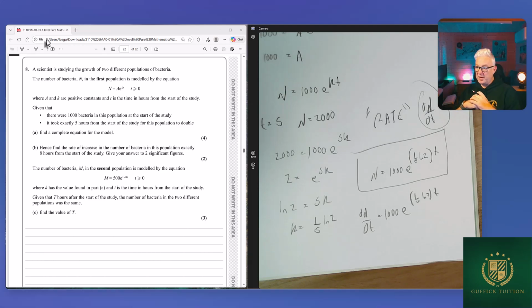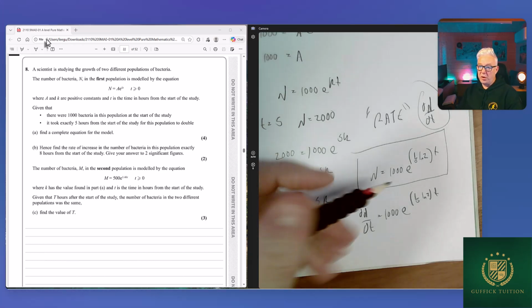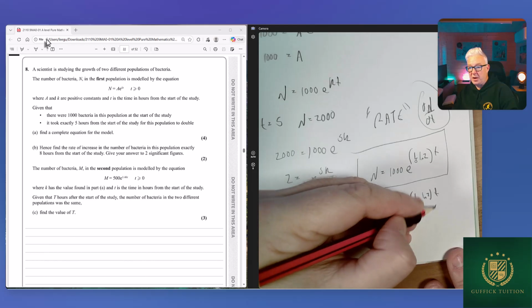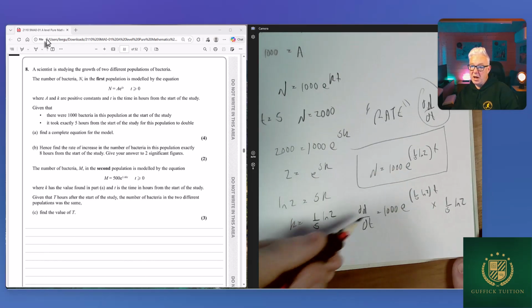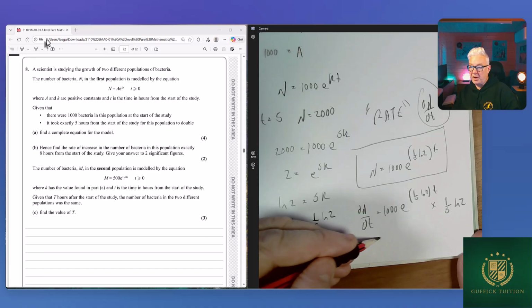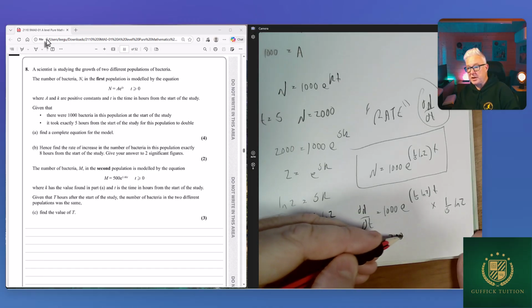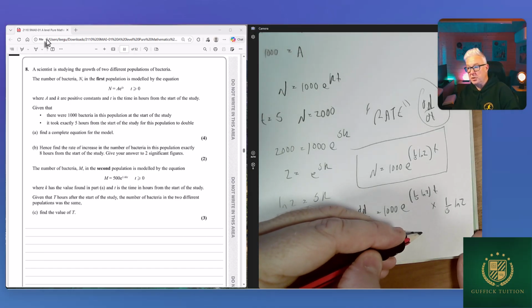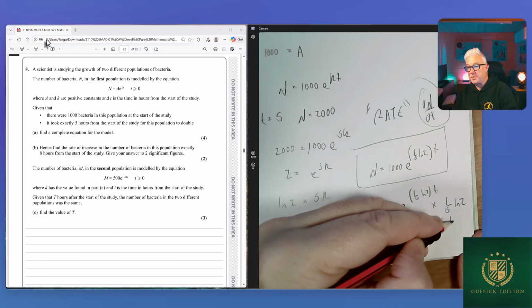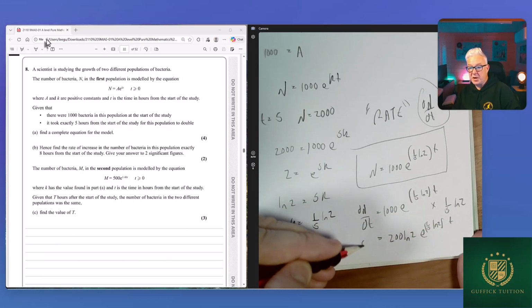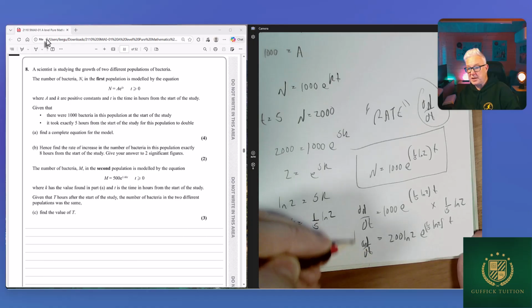And the derivative of the inner function is going to be 1/5 ln 2. So that whole thing is going to be times by 1/5 ln 2. 1,000 divided by 5 is going to be 200. So that's going to be 200 ln 2 e to the 1/5 ln 2 times t. So that's our expression now for our dn by dt.